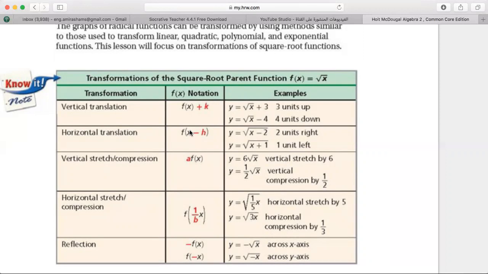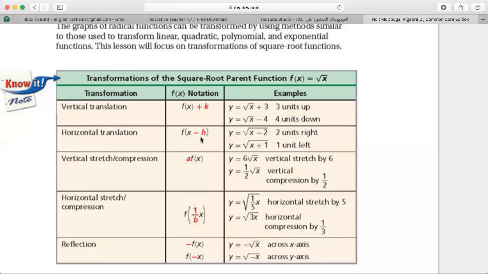If h is positive, it will be a horizontal translation to the right. If h is negative, it will be a horizontal translation to the left. I want to remind you that h takes the opposite sign of the one in the equation.